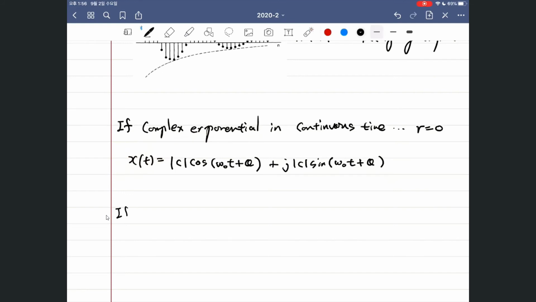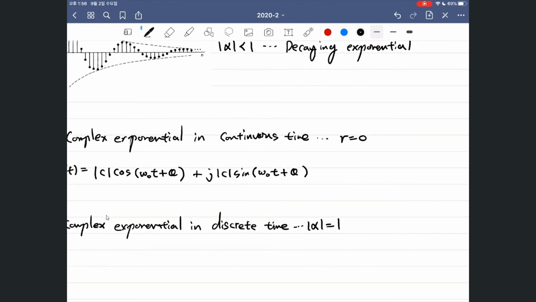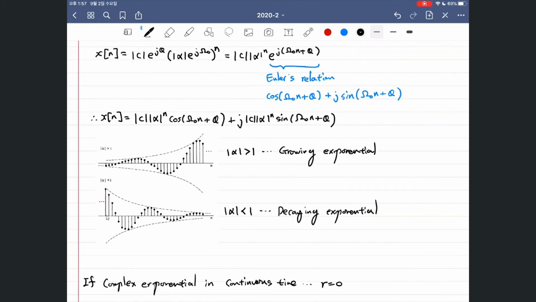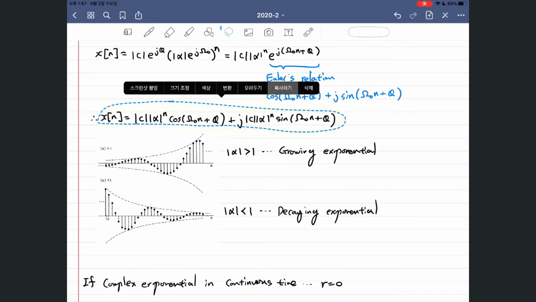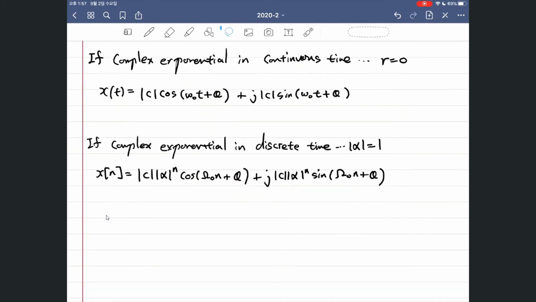On the other hand, if the complex exponential in discrete time has the value of 1 for the magnitude of alpha, then what happens? So I will fetch this equation here for convenience and paste it right here and see what happens if the magnitude of alpha equals 1.